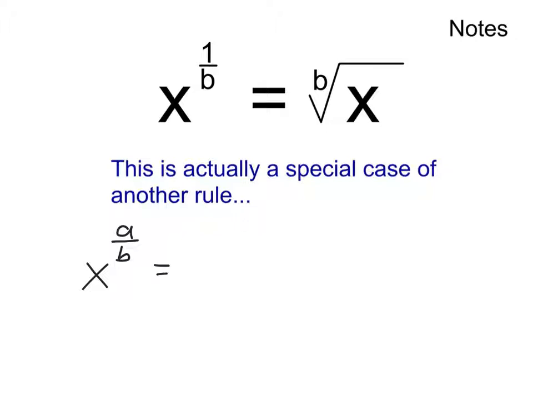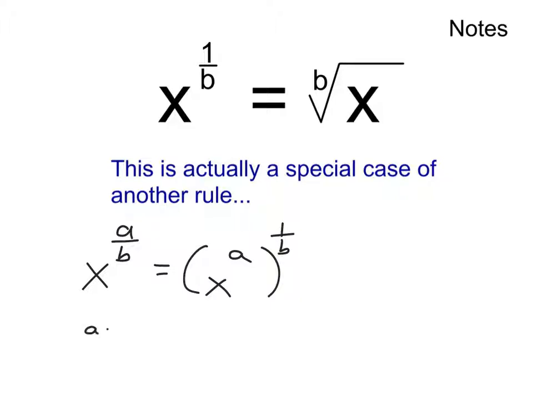Well, I can figure it out by making one fancy little twist here. You play with these long enough, eventually you start saying, wait, if I do this, I can make it look like that. What I want to do is write the whole thing in terms of 1 over b. Well, if I want that to be the same, then it would have to be x to the power of what? It'd have to be a, yeah.